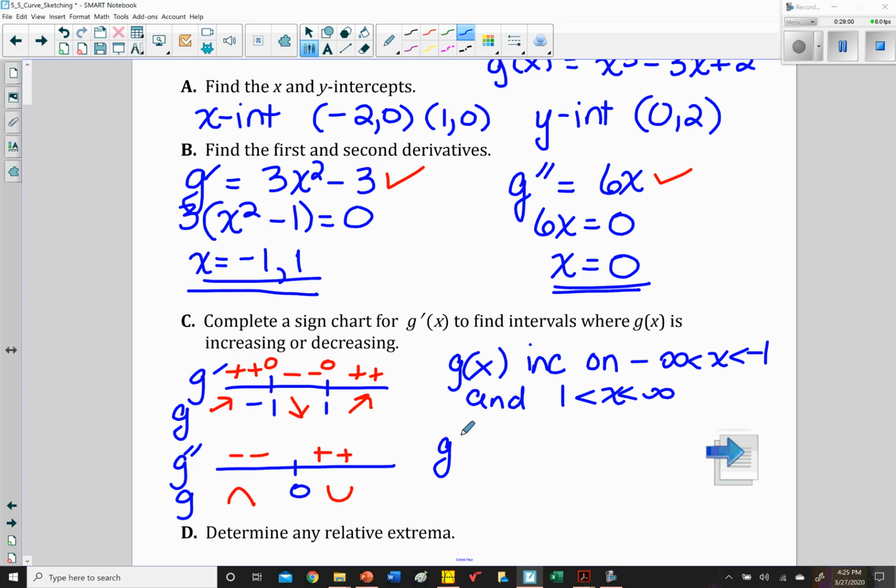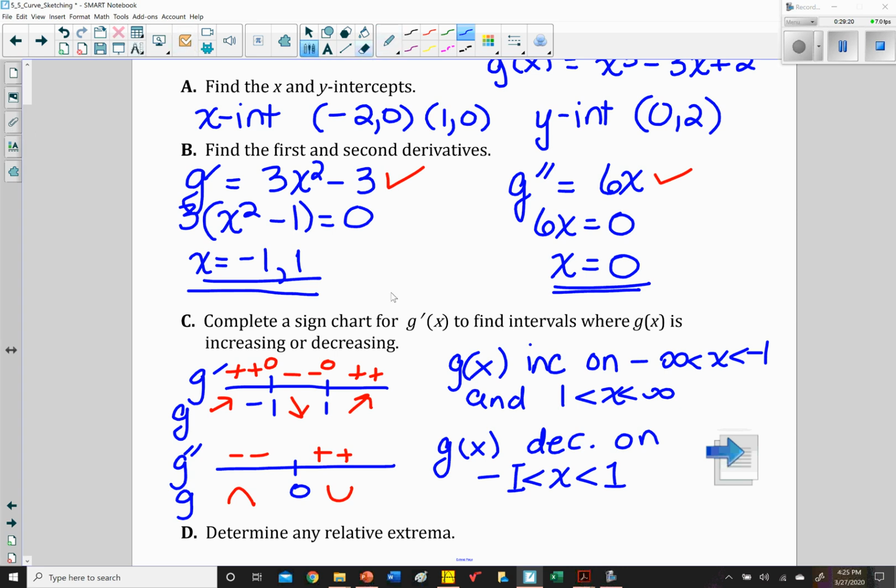And for the decreasing, g of x decreases on -1 to +1.